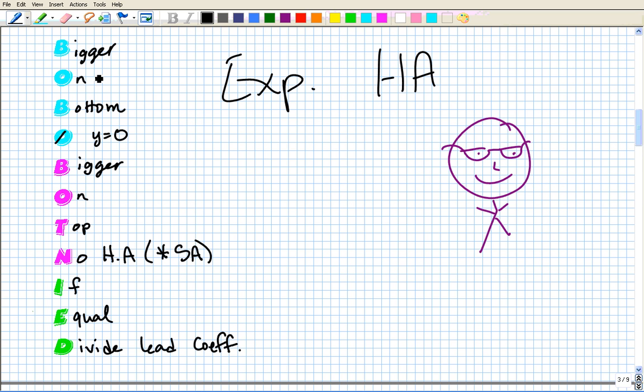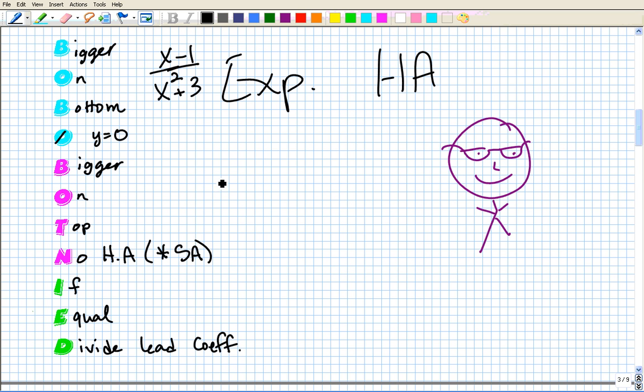So Bobobotinide: bigger on bottom, it's y equals 0. Bigger on top, there's no horizontal asymptote, but that's when you'll check for something else. And if the exponents are equal, divide the leading coefficients. So bigger on bottom would be something like x over x squared, or x minus 1 over x squared plus 3. See how the exponent is bigger on the bottom.